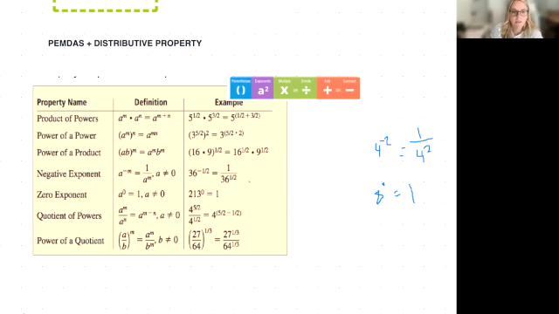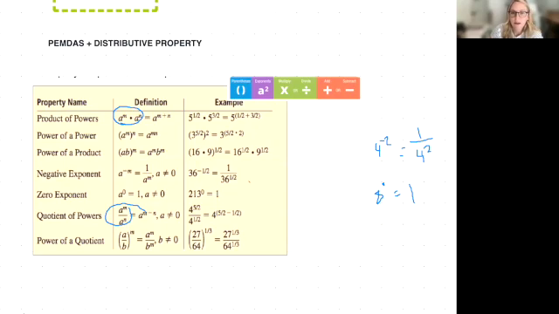If you have quotient of powers, so this is if you have the same base, but one is on top and one is on bottom, just like how that fraction looks like the opposite of the multiplication, it's going to work out pretty similar. We're just going to do the opposite operation.